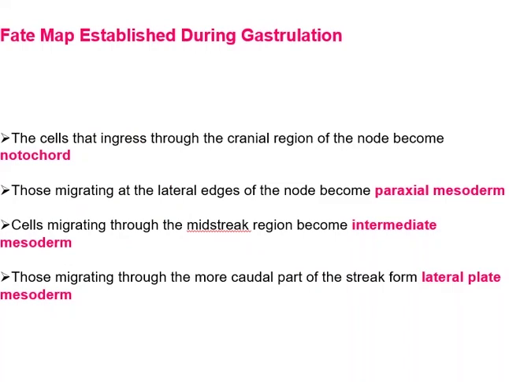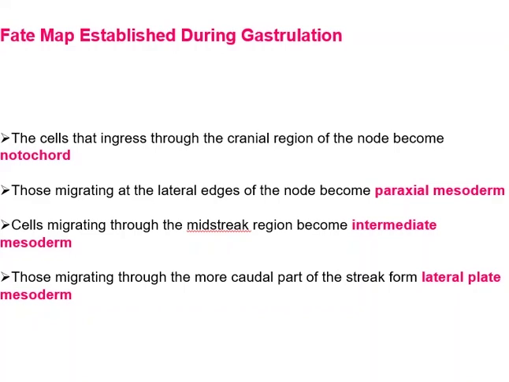Regarding gastrulation, we have the fate map established during gastrulation. Firstly, the cells that ingress through the cranial region of the node become notochord, and cells that migrate to the lateral edge of the notochord become paraxial mesoderm, and cells that migrate through the mid-streak region become intermediate mesoderm, while the cells that migrate through the caudal part of the streak form the lateral plate mesoderm.